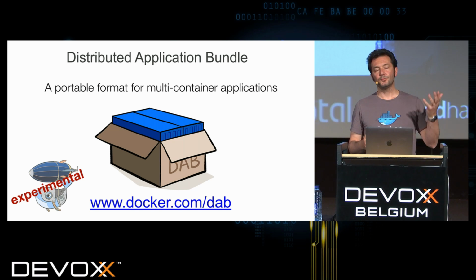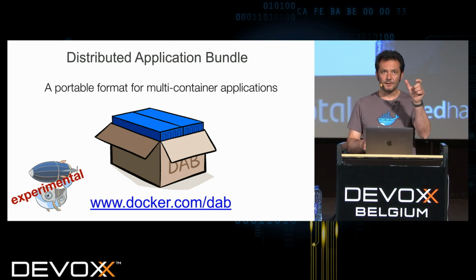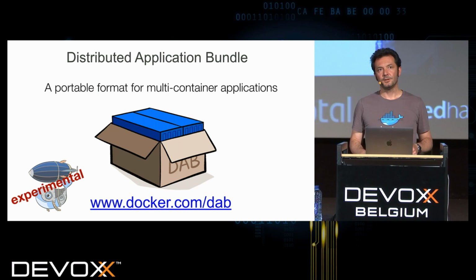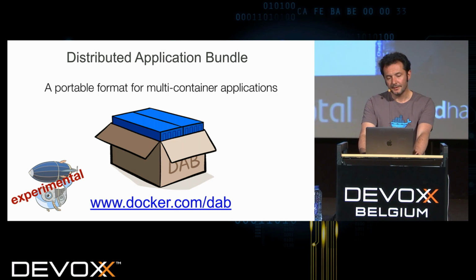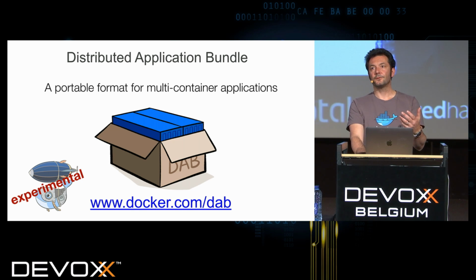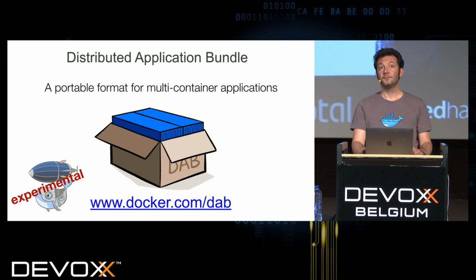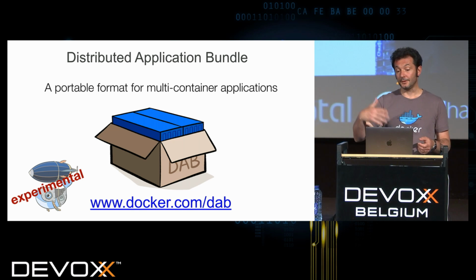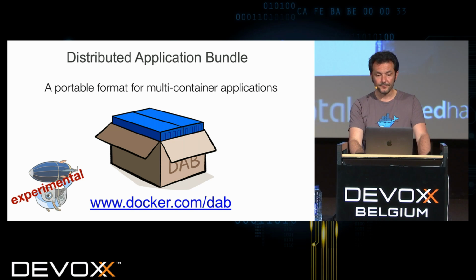The DAB file is supposed to be the portable part of your application that specifies the images with the SHA of the images, the port that you want to expose inside of the container and things like that. It's still experimental. There's support for it in Docker Compose, so you can do a Docker Compose bundle, and it will generate a DAB file from your Compose file. And if you do a Docker deploy of your DAB file to a cluster, it will just create the services for you.